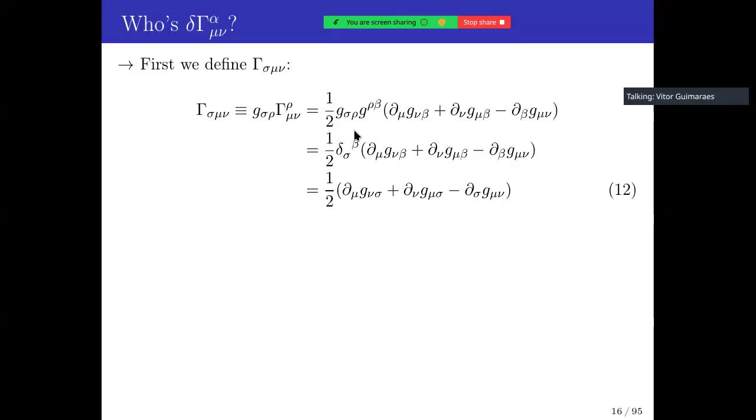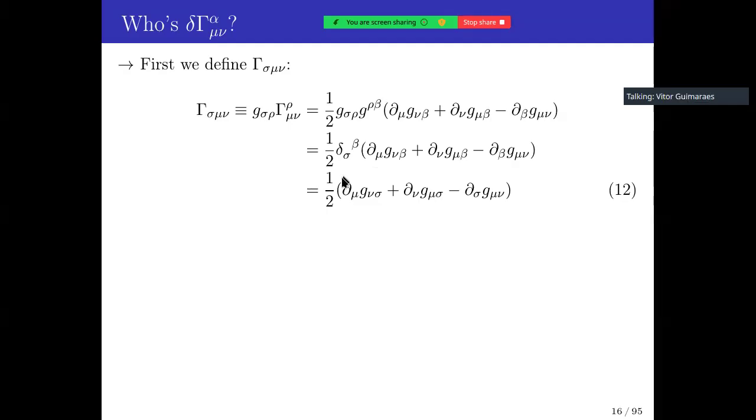This contraction of g with its inverse will lead us to a Kronecker delta, okay? And what the Kronecker delta does when it contracts with some index is that it relabels it, changing the index name, in this case from beta to sigma, in such a way that we get this expression here.